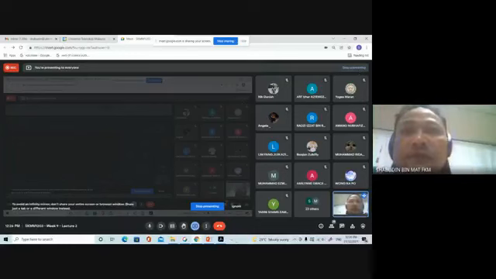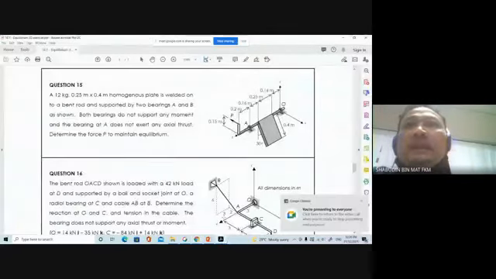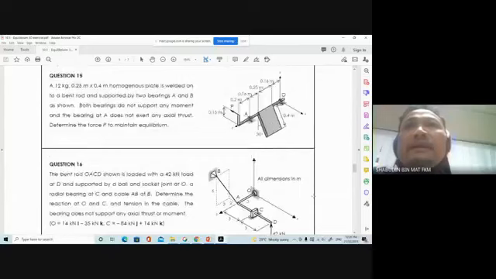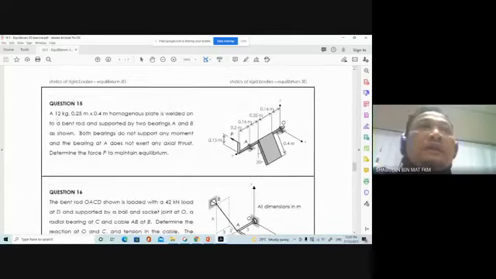Now we move on to this question. It's famous when we use a plate, the rest are similar concept there. A 12 kilogram homogeneous plate, 0.24 multiplied by 0.25, is welded on a bent rod supported by two bearings A and B here.